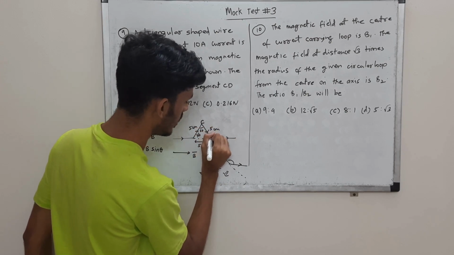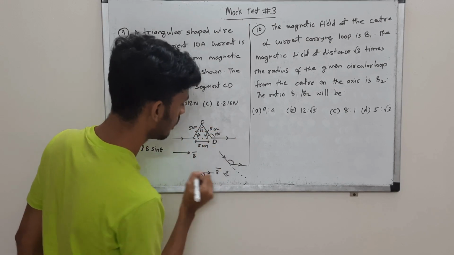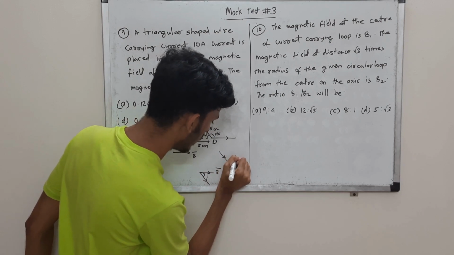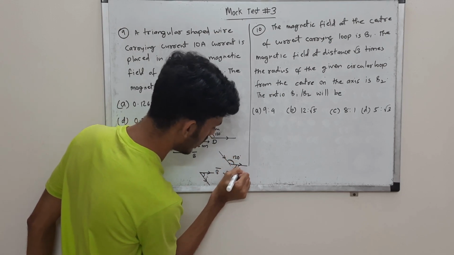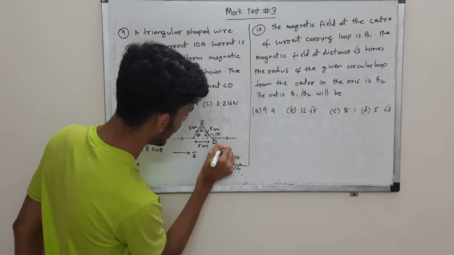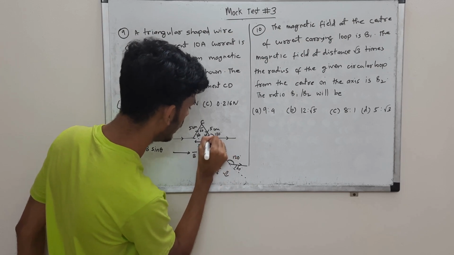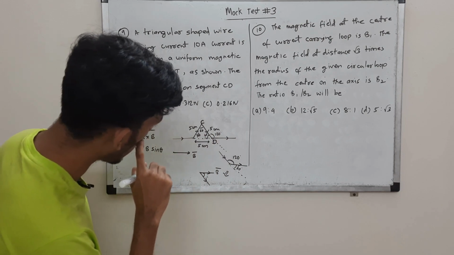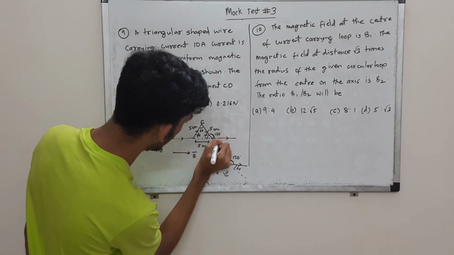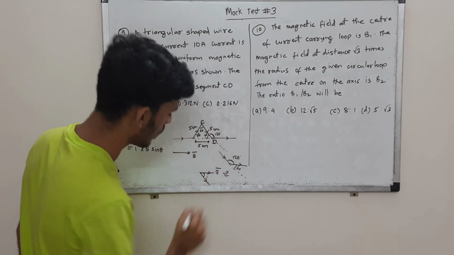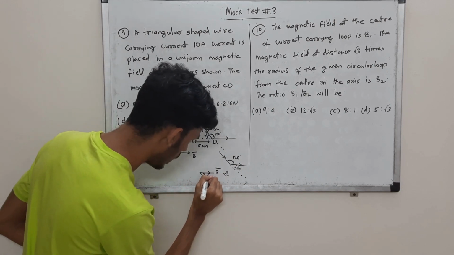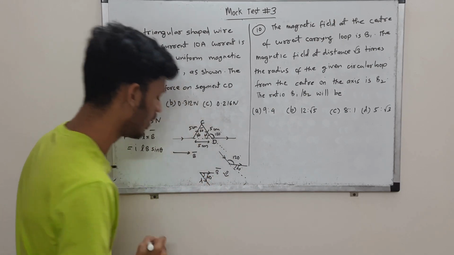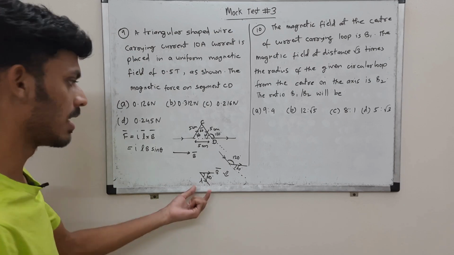And this angle here will be 120, so this will be 60 again. Or you can see that if you slide this down over here, this is 120, then this will be 60. So your angle between the length vector and the magnetic field is 60 degrees.